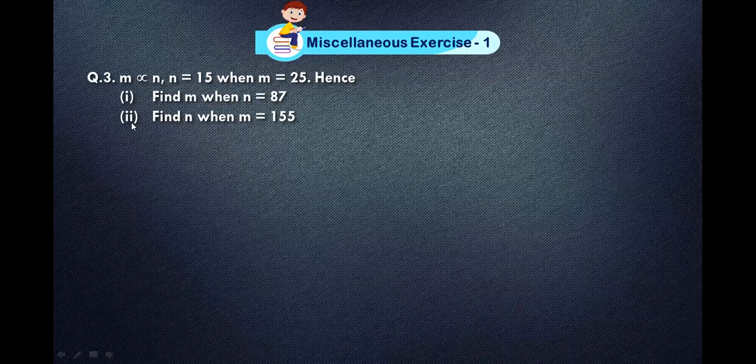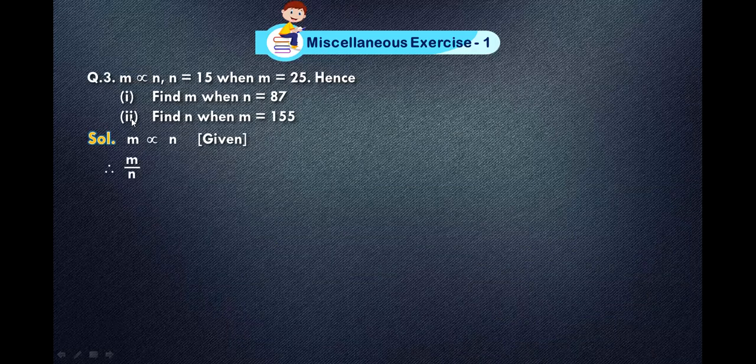All right. So what is given to us? M is directly proportional to n. तो बच्चों जो n मल्टीप्लाई हो रहा है या डिवाइड करना चाहिए, what do you think? We will divide them. So m upon n will be equal to k.